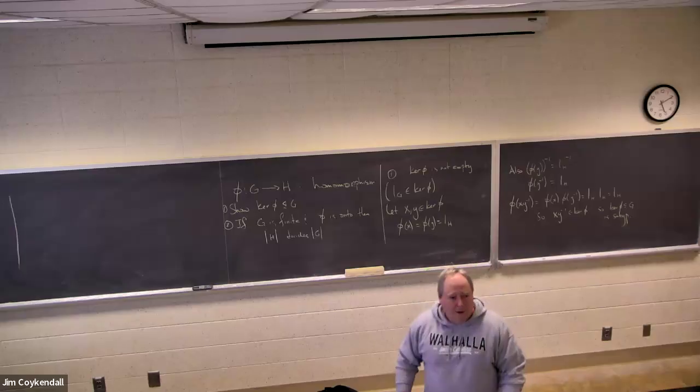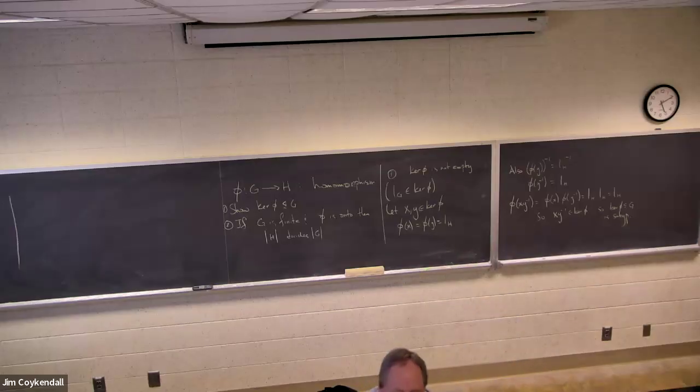Everybody okay so far? So now we're on rock solid. We know it's a subgroup. So here's what we have now. We just have the kernel of phi is a subgroup. Now we've got to do the normal part, right?